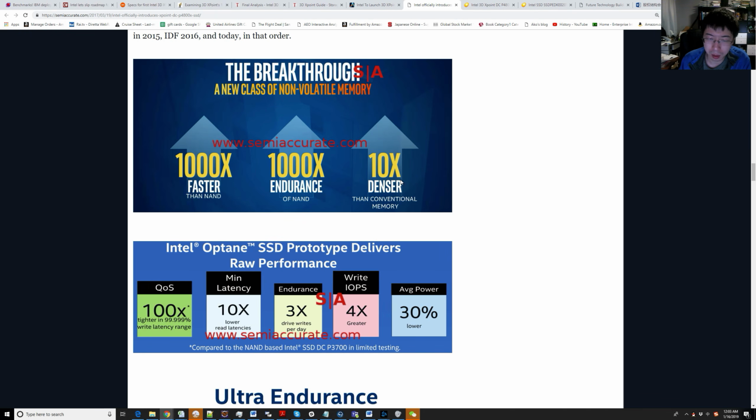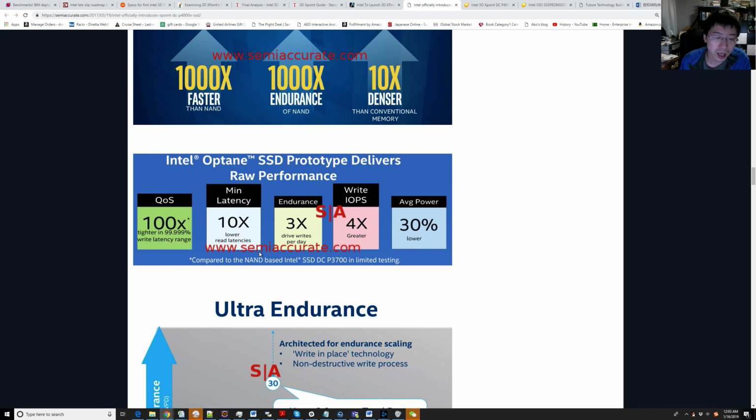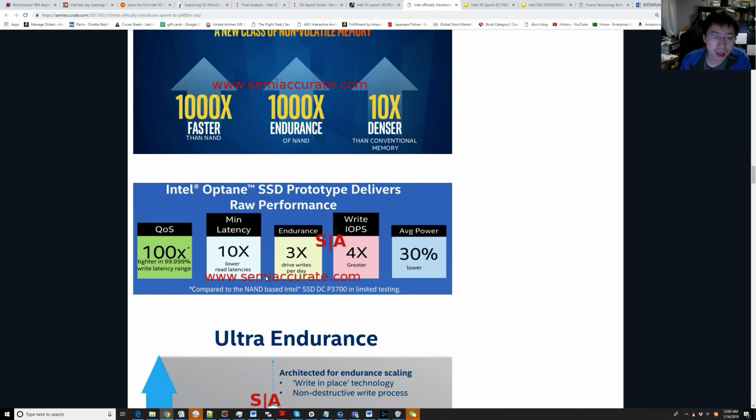Now, funny thing, that's 2016 and 2015. And by 2018, this is what they claim. Latency is 10x. Endurance is 3x. IOPS is 4x. What happened to my 1000x?